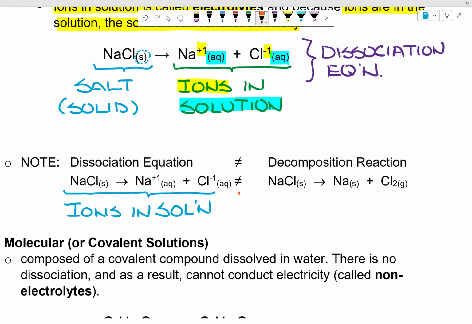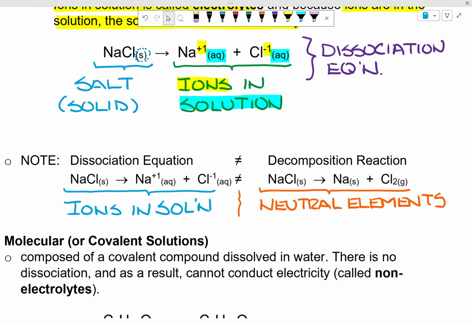But with decomposition, it looks the same, but the result is you get neutral elements. Make sure you know that dissociation and decomposition are two totally different things. Dissociation, you get ions in solution. Decomposition, you get neutral elements.